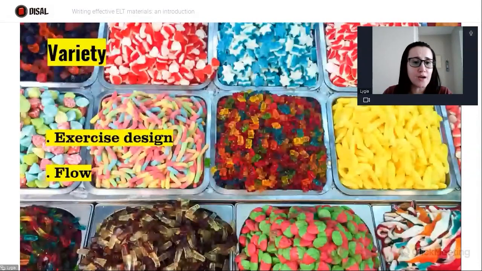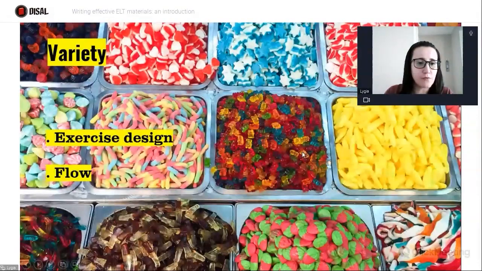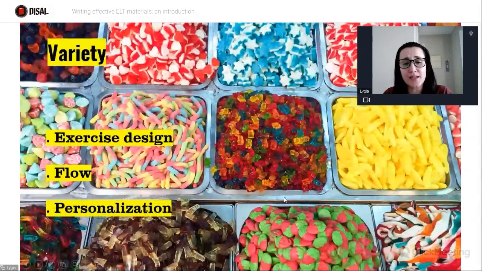All right. So let's just talk about something else before we wrap up. I'd also like to mention personalization here, right? This is something that some of you have mentioned before as well. Students need opportunities to relate to the material, to use the target language in a more personalized way, in a more meaningful way.